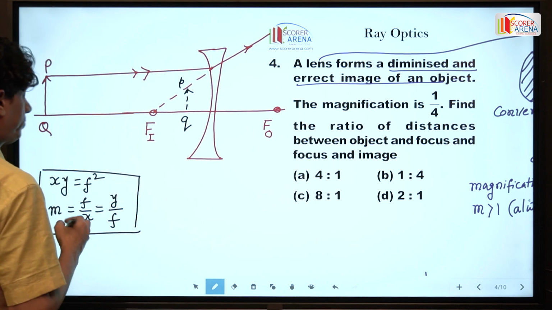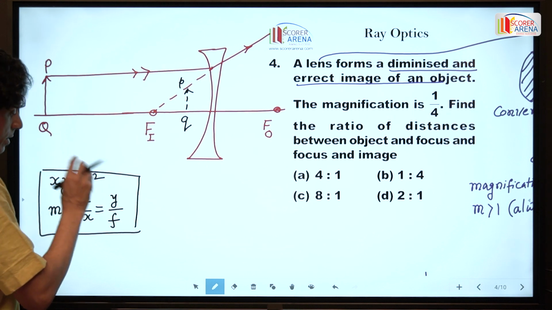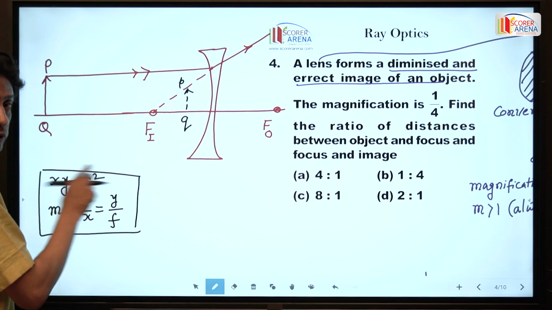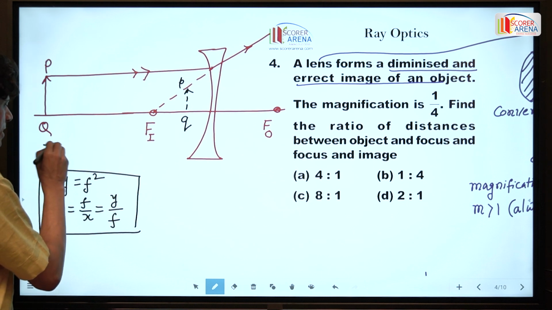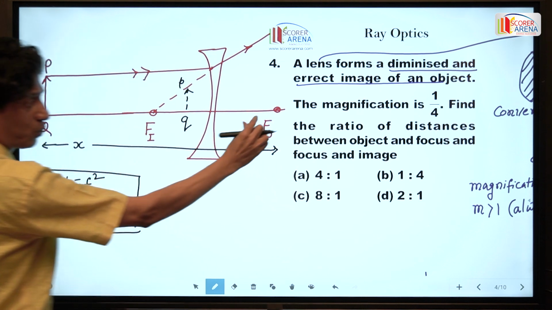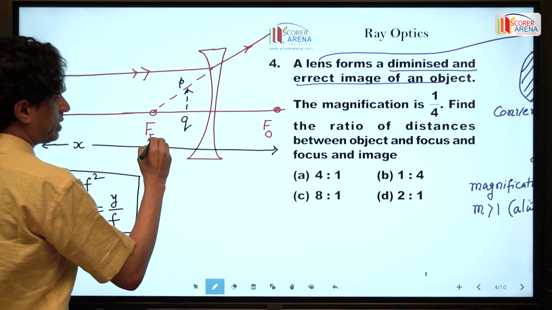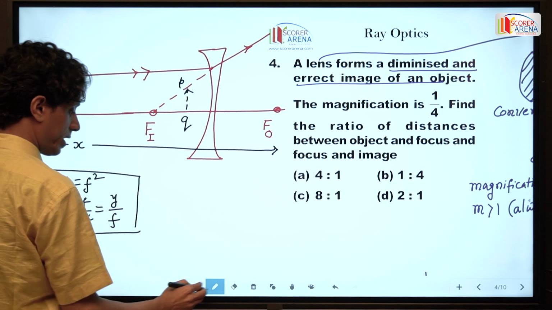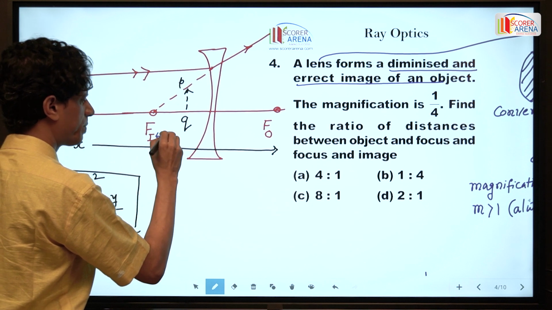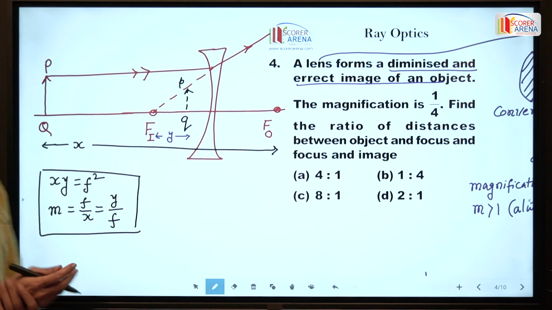To apply this equation, we have to be very careful. Object distance is always taken from f suffix O, whereas y is always measured from f suffix I, the image distance.